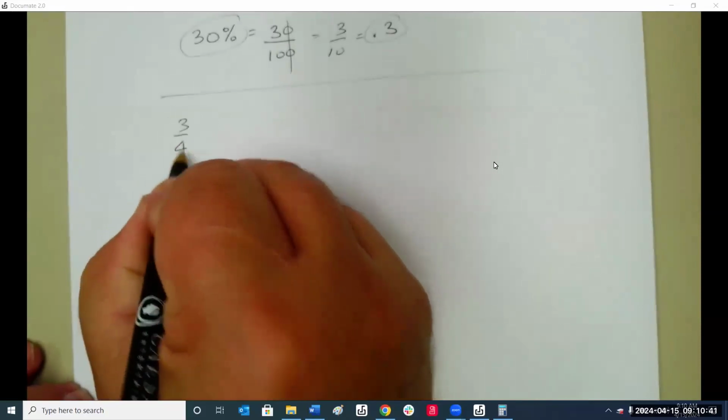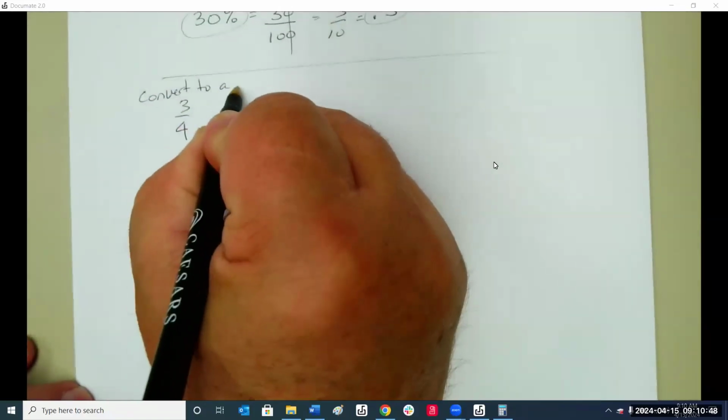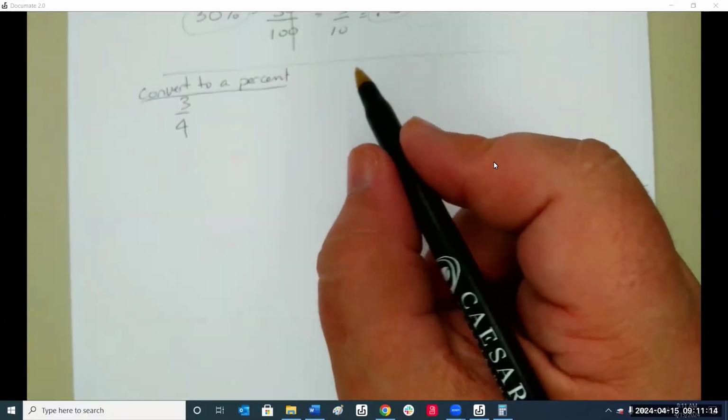Right. The next example is showing you how to convert that into a percent. Three over four. Remember, percent looks like what?